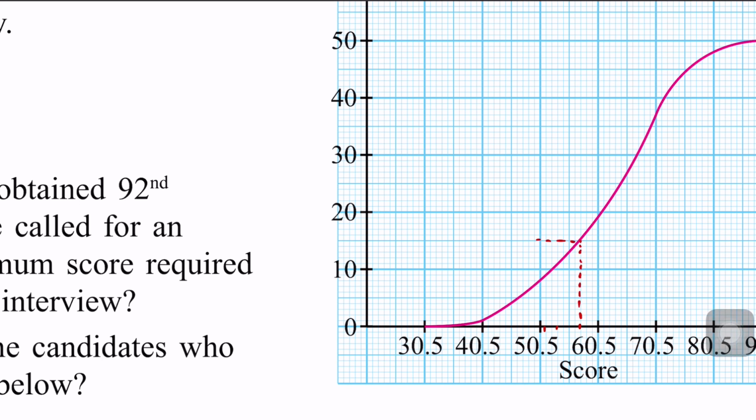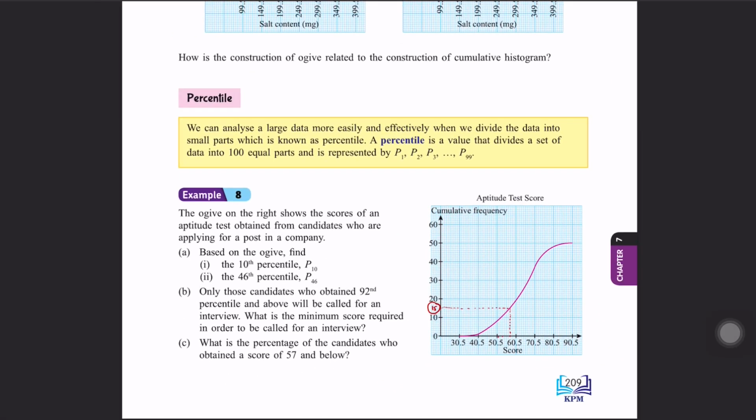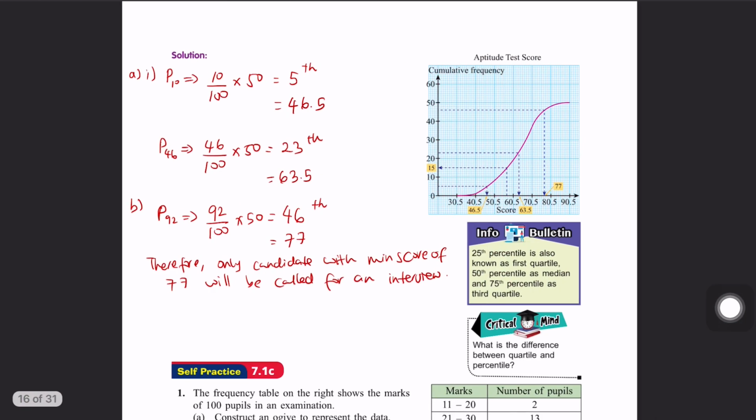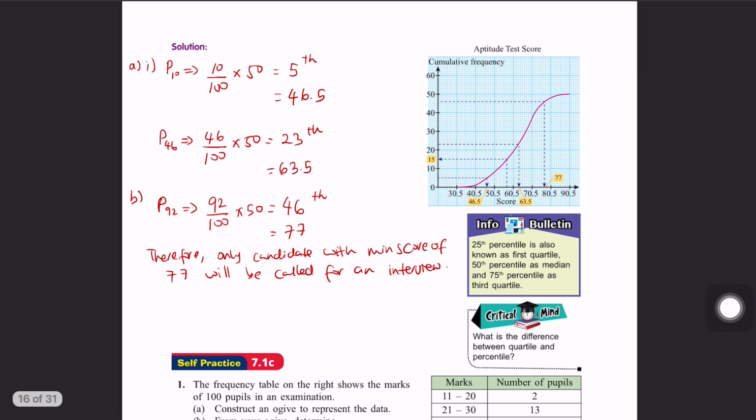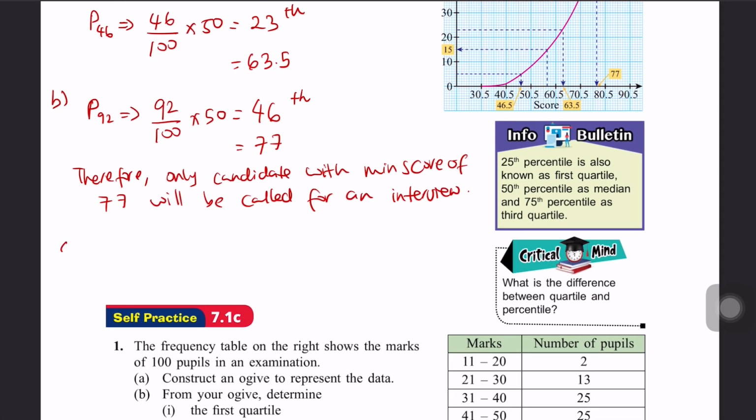Okay, so up sini. Okay, so di sini adalah 15. Okay. So lower 15 ke bawah. So 15 lah. Okay. So 15 over 50.